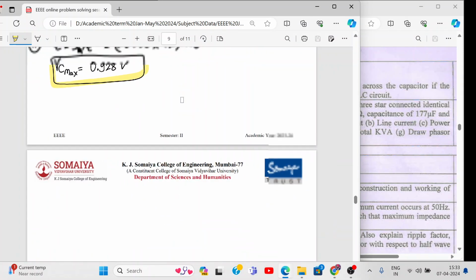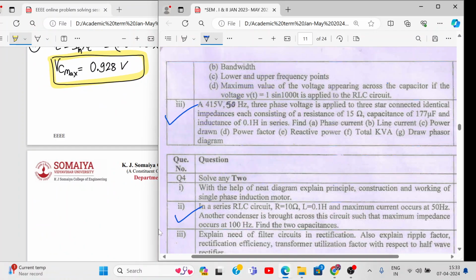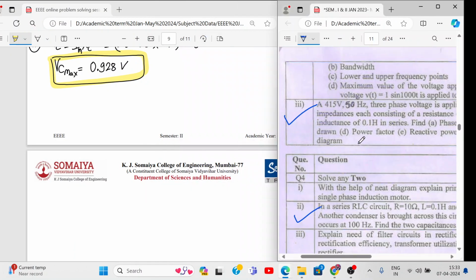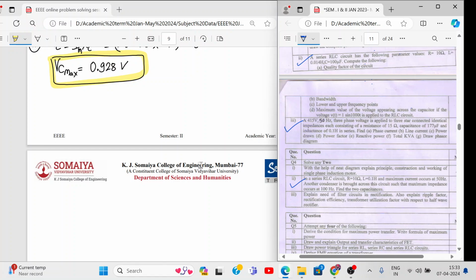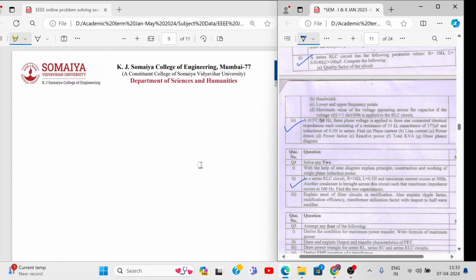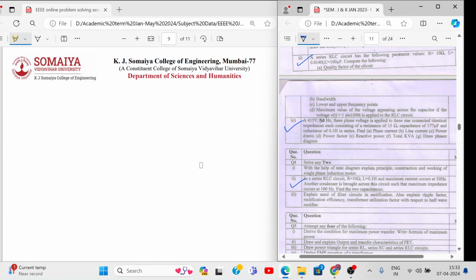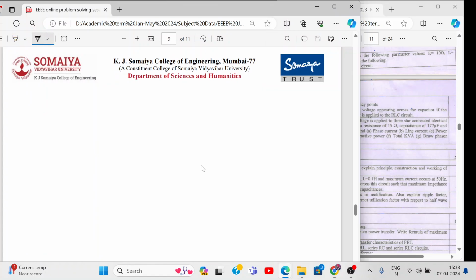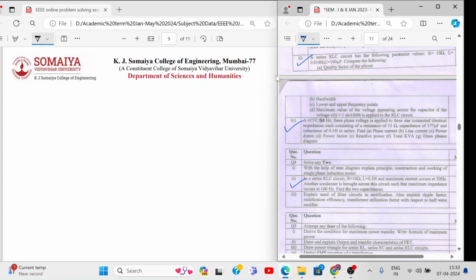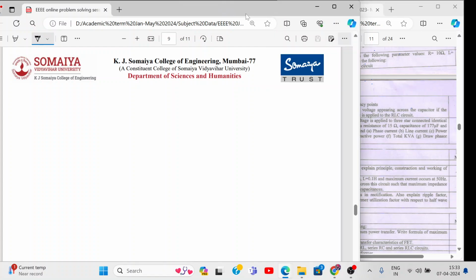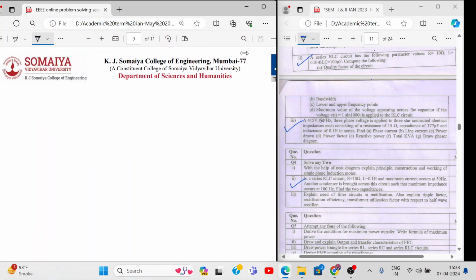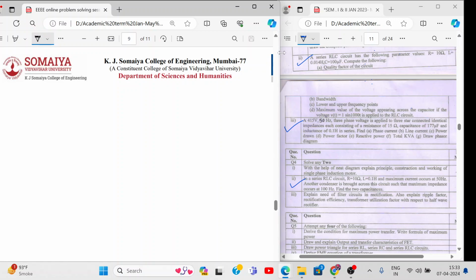Yeah. I'll keep this numerical over here and write down the given data one by one. Okay, help me out in this. 415 volt. So first of all, what do we have over here? This is question number 3, third part.